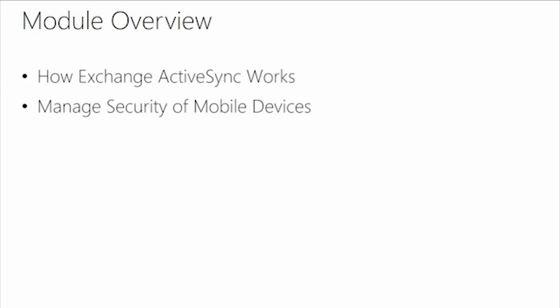So before we go into managing those devices, let's talk about how those devices connect to the Exchange servers. They use a protocol called ActiveSync. ActiveSync is the way that the device will connect to the Exchange server, or client access services, and then retrieve the mail to get onto the device.